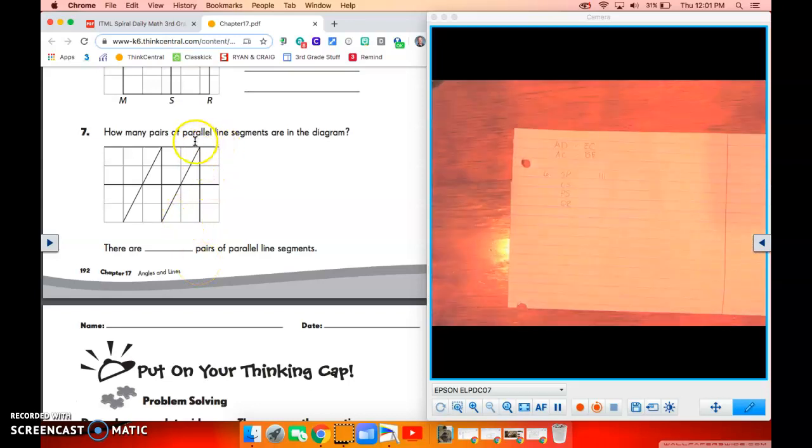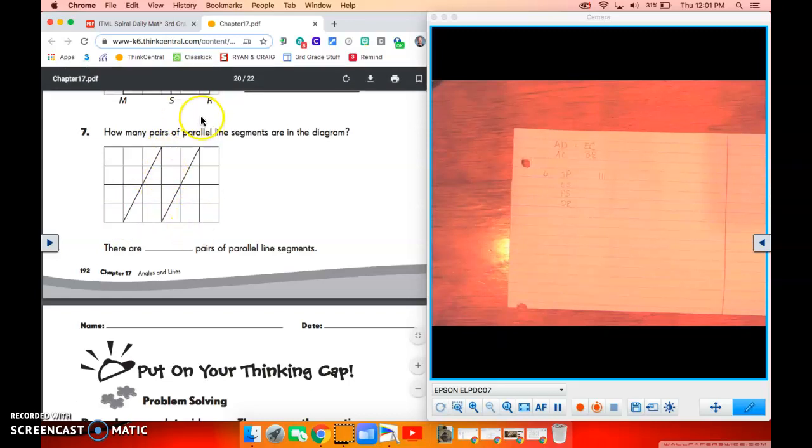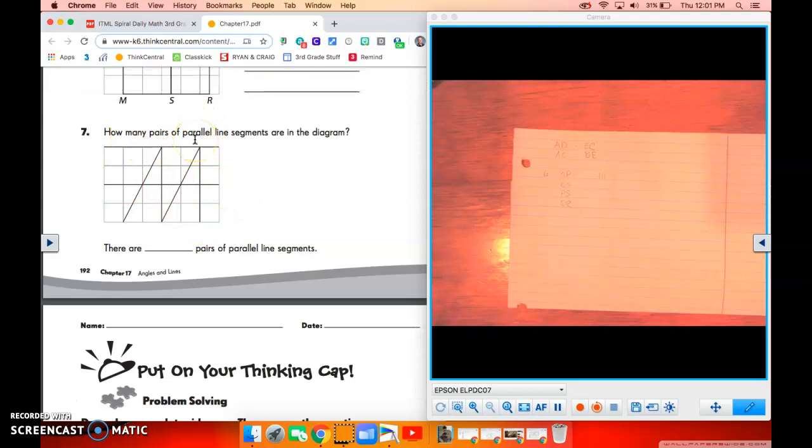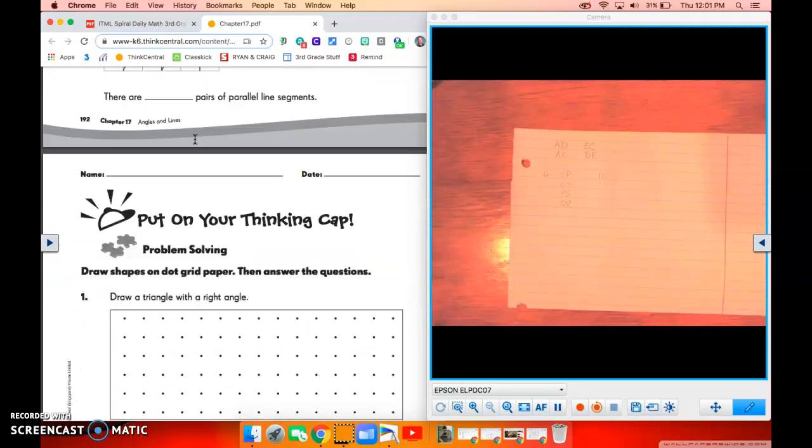I don't think it's cutting every one of these into a different line segment. I think the whole line segment is from this spot to this spot, otherwise there would be a lot of them. They were trying to get 1, 2, 3, 4, 5, 6. So there's 3 pairs of line segments.